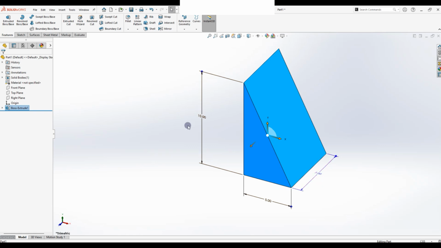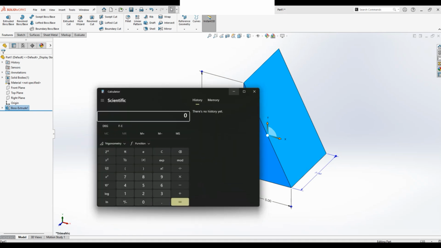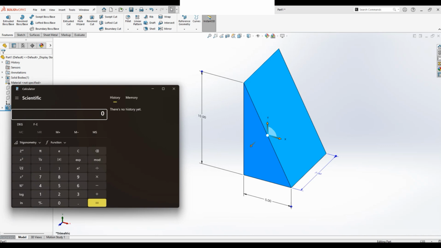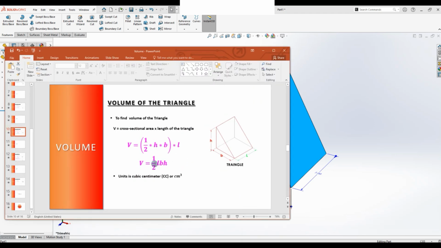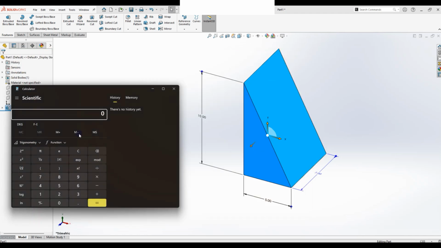Okay, let's find out the volume of this triangle theoretically first. We know the volume of the triangle formula is V equals half into length into base into height. So half is 0.5 into height 10 into base 5 into length 7.